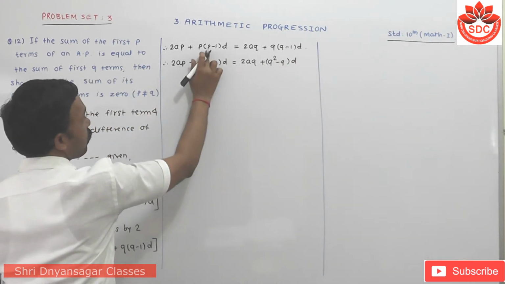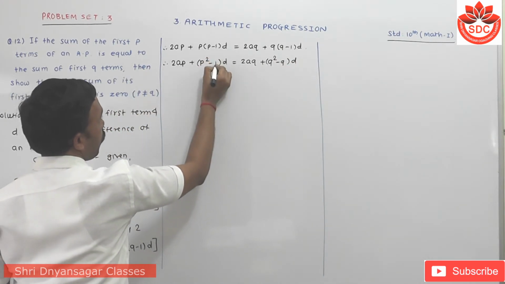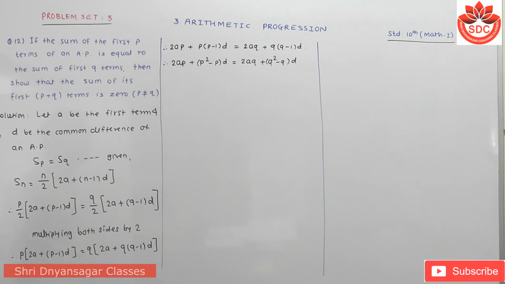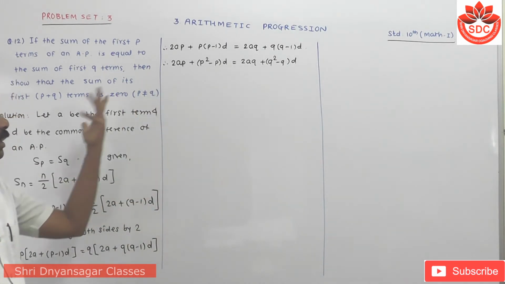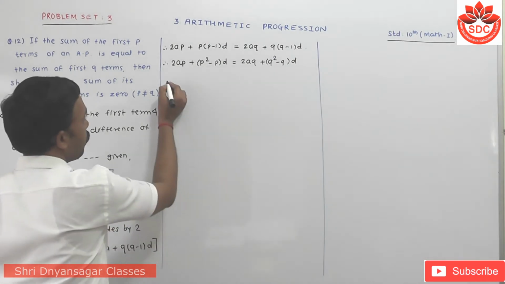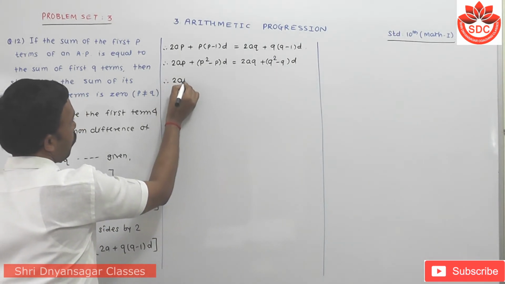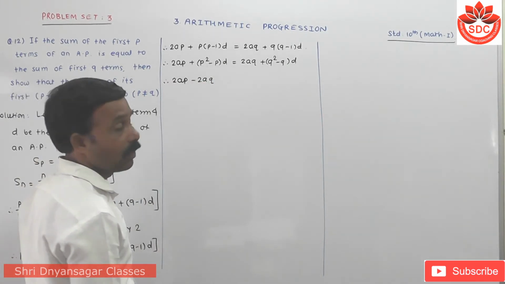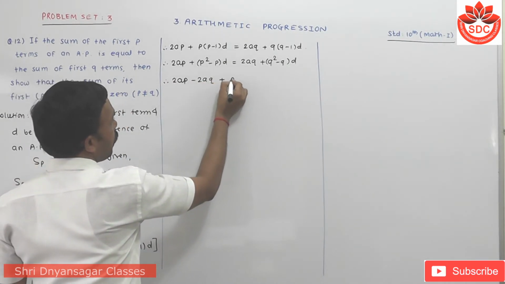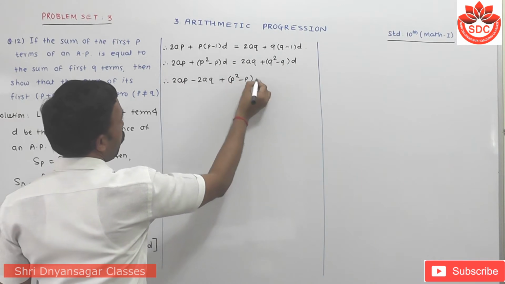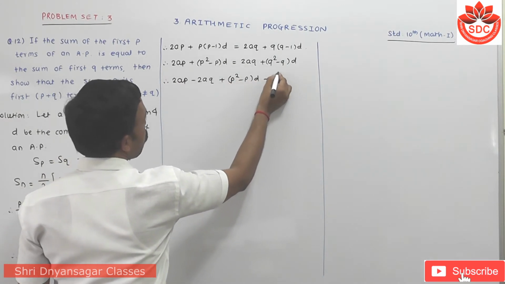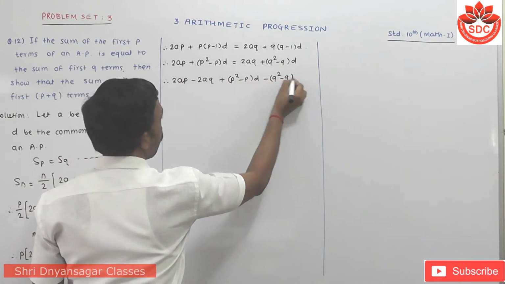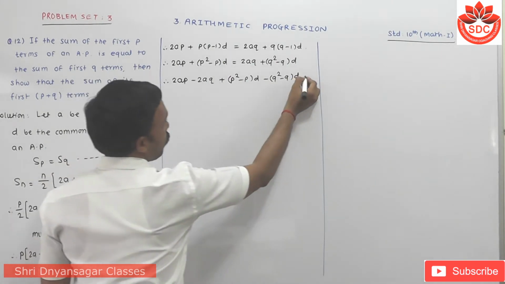Sorry, here it is p square minus p. Now transpose to the other side, we get twice ap minus twice aq plus p square minus p in bracket d minus q square minus q in bracket d is equal to 0.